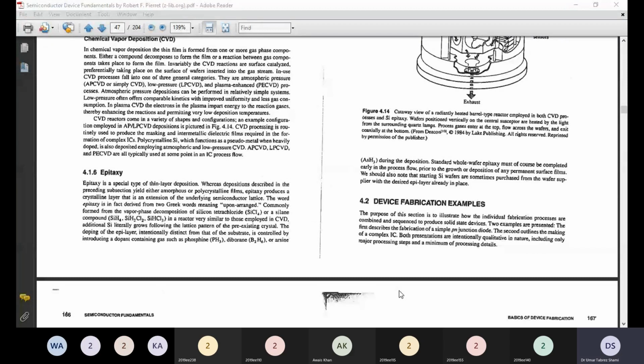Standard whole wafer epitaxy must, of course, be completed earlier in the process flow prior to the growth or deposition of any permanent surface film. And we should also note that starting silicon wafers are sometimes purchased from the wafer supplier with the desired epi layer already in place.